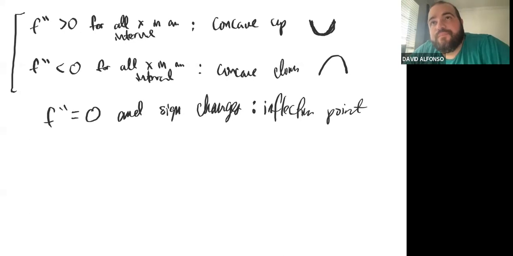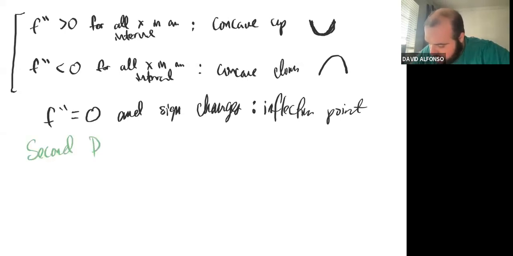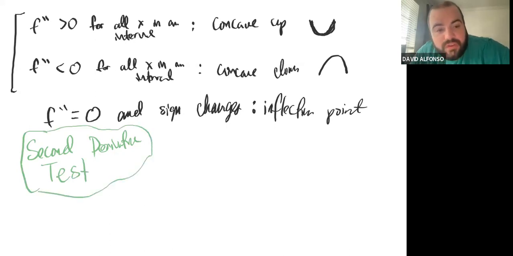Then what else is there? Oh, there's a second derivative test as well. There was a trick question like that on the mock exam that I gave you guys. If you know that there's a critical point, but all you know is the second derivative, you could determine if that's a relative extrema or not.